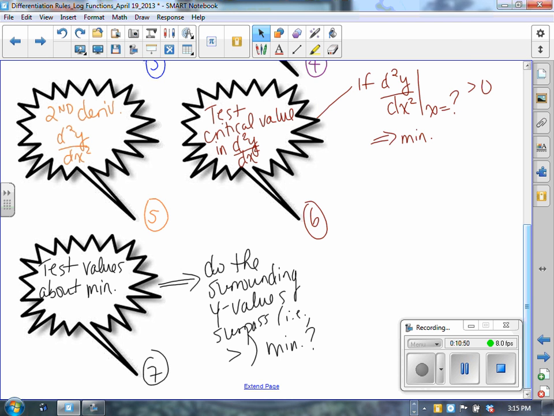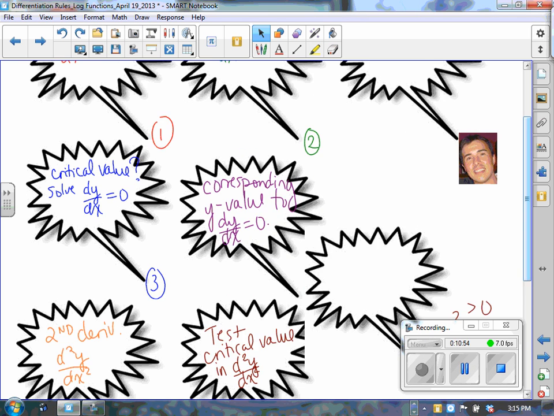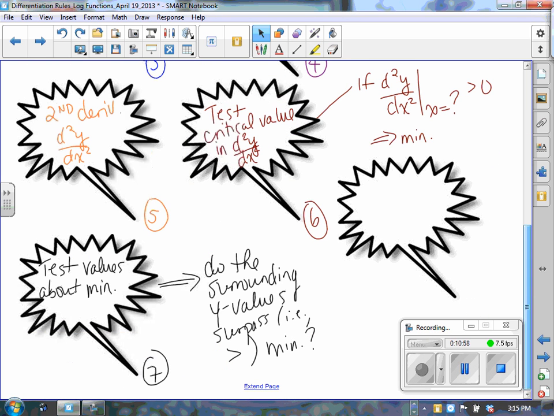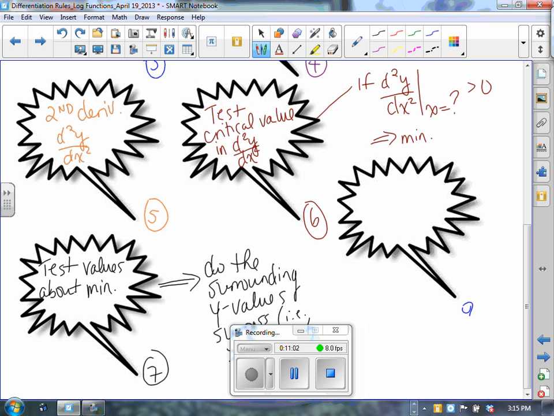Last but not least, and this isn't necessary for this solution, but visually speaking, it might actually offer a bonus in this case. So this will be the 8th step. What you really should do is you should graph both y and y prime.